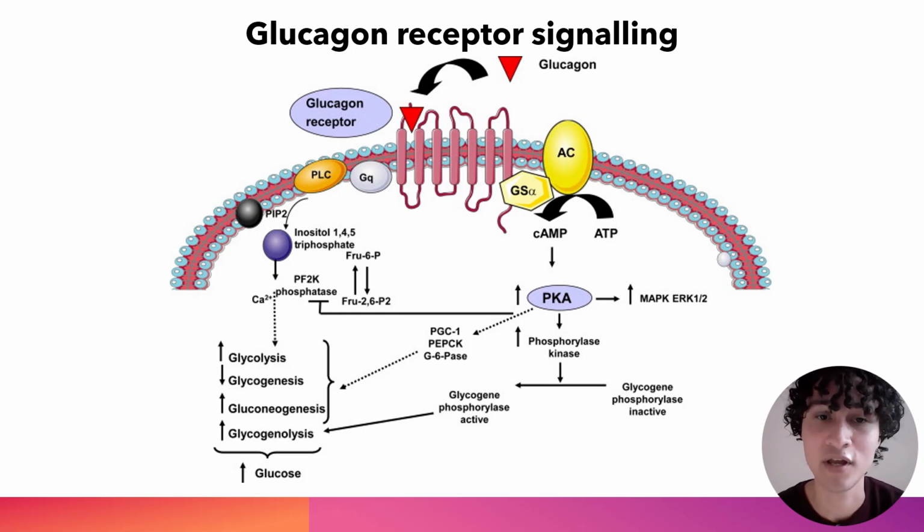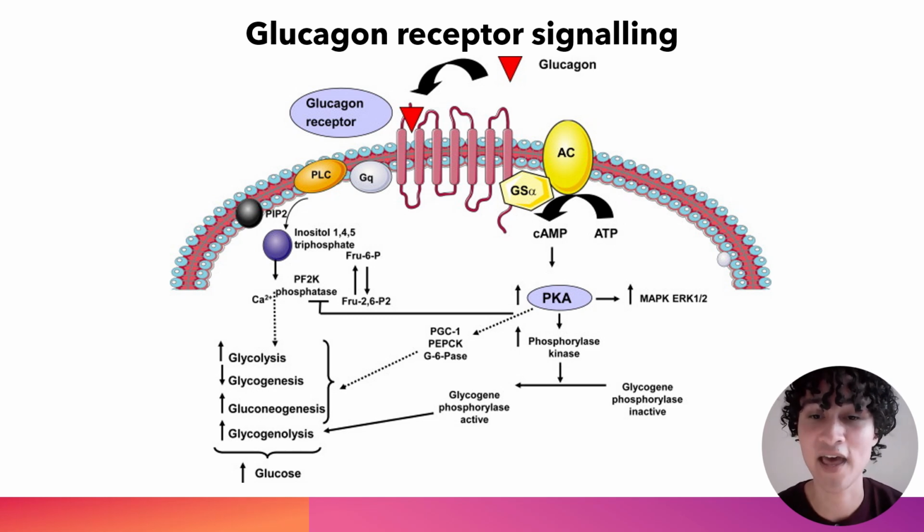So when you hydrolyze PIP2, you get inositol 1,4,5-triphosphate, which is also called IP3, and you also get diacylglycerol. Now, that inositol 1,4,5-triphosphate, or IP3, in biology is renowned for being a potent calcium chaperone, so it facilitates calcium movement, and that calcium will bind to phosphorylase kinase.